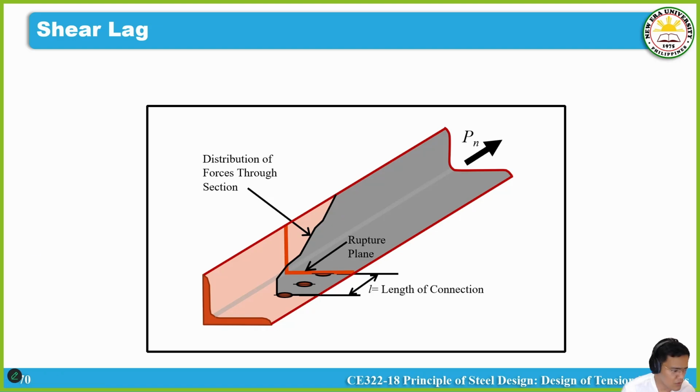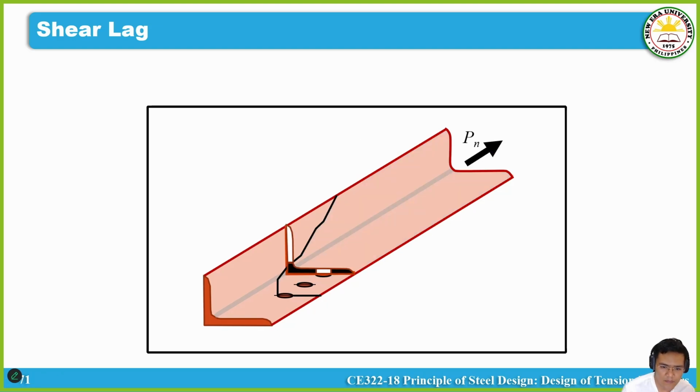So you could see here on this figure na itong section na to would carry yung mga tension forces na in-applied mo. And then if we would check yung nangyayari dun sa area on that rupture plane, in terms of this shaded area in black, yun lang yung part ng ating member na nagke-carry ng ating tension.